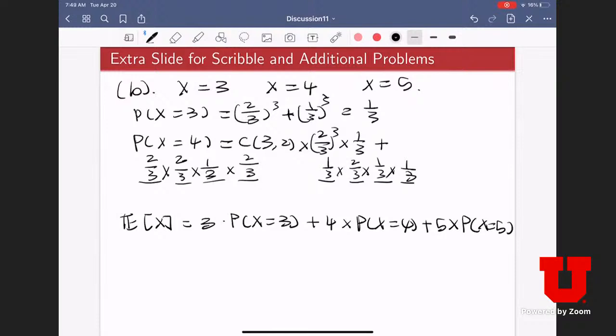I'm just listing one of the possibilities where you still do 3 choose 2 times 1/3 cubed, sorry, times 2/3. All right, and that should give you the probability when x equals 4. And I believe that's equal to 10/27.